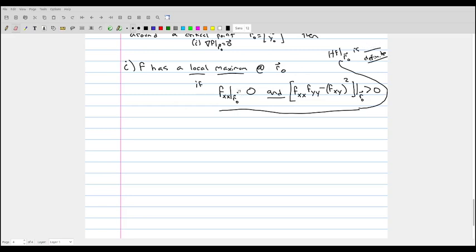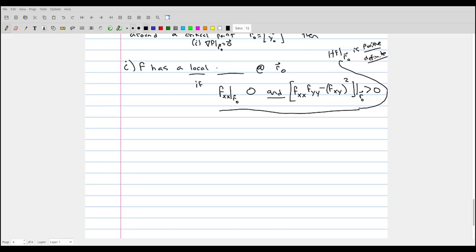Sorry, I was writing down the order wrong here. The positive definite was actually correct, but the order that I wanted to write it in was a little bit wrong.